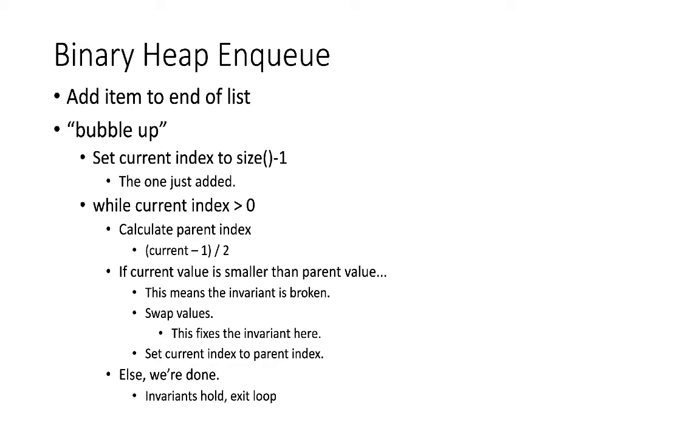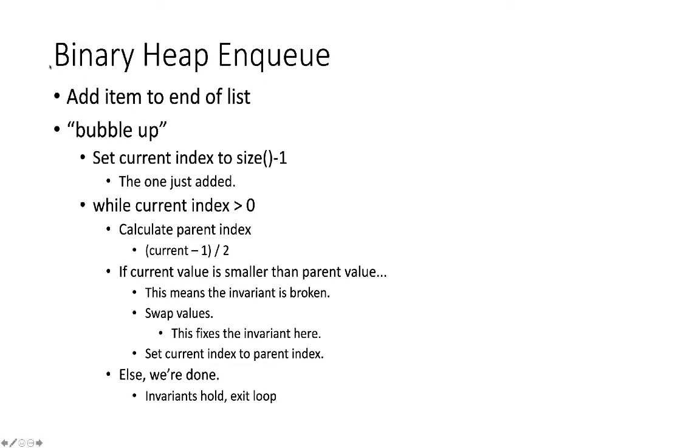And so to enqueue a new item into our binary heap, all we do is add an item to the end of the list, and then we bubble up. What bubble up means is we compare the value of the item at the current index with the value of the item at its parent index.